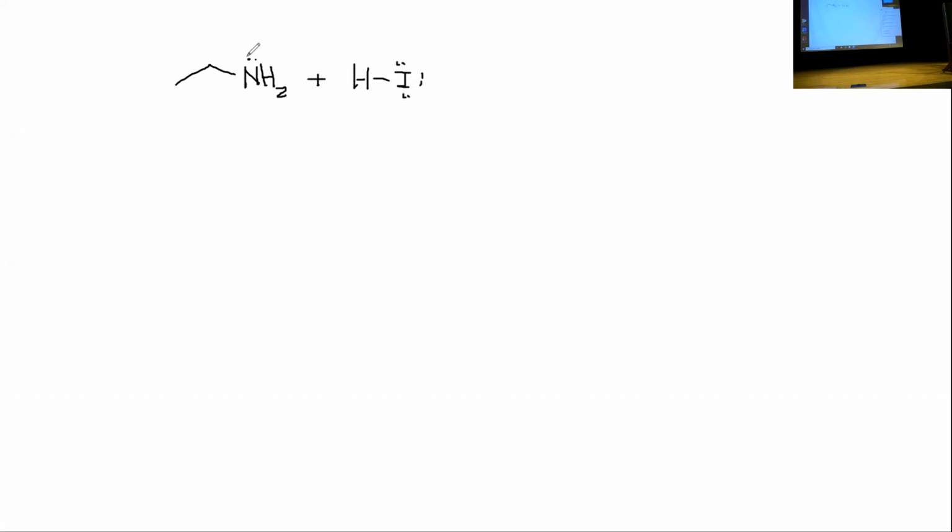The lone pair on nitrogen is going to grab a proton from your acid, and I would expect our product to be the ethylammonium ion. This now has 3 protons and a plus charge on nitrogen, and of course you'd also get the iodide ion. You can't really get a cation without also getting an anion.